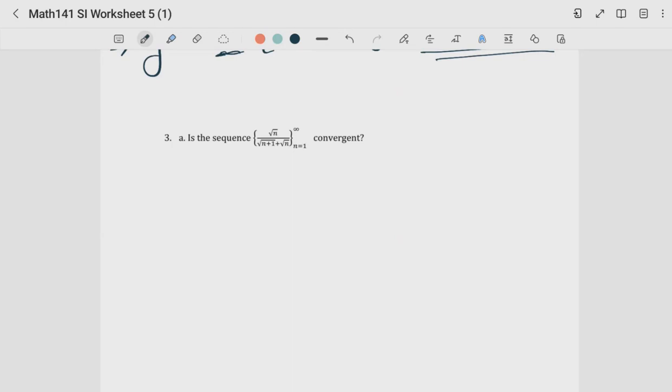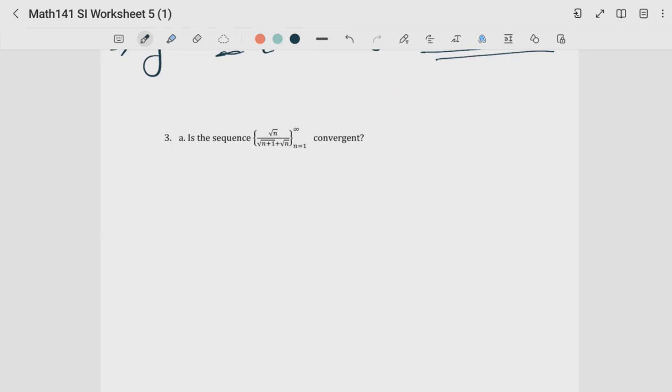You will find as we move along and explore different types of problems that there are multiple methods to investigate the convergence of a specific series or sequence.